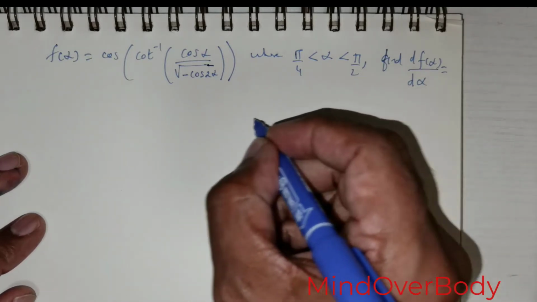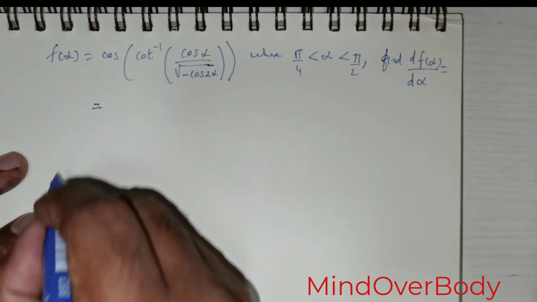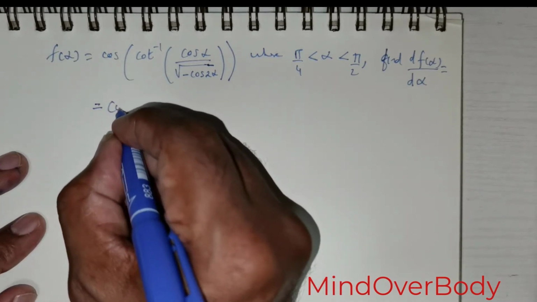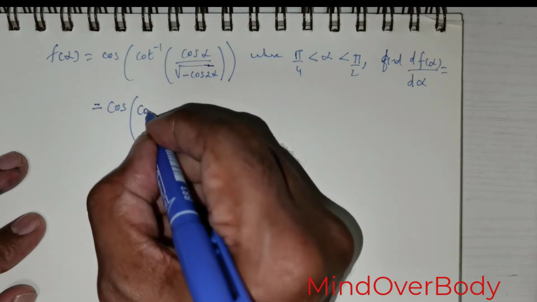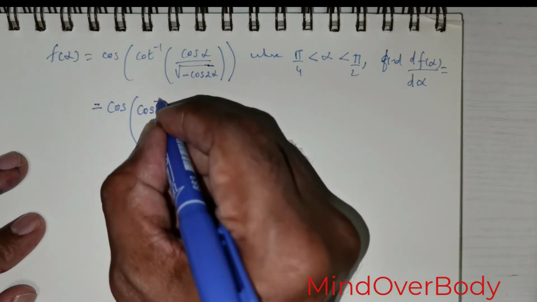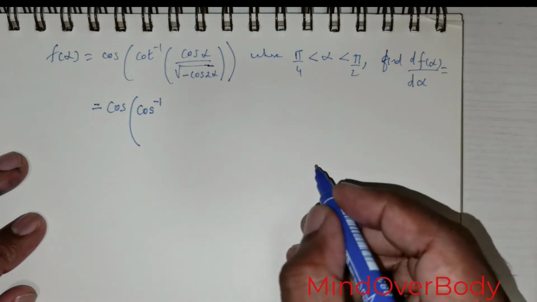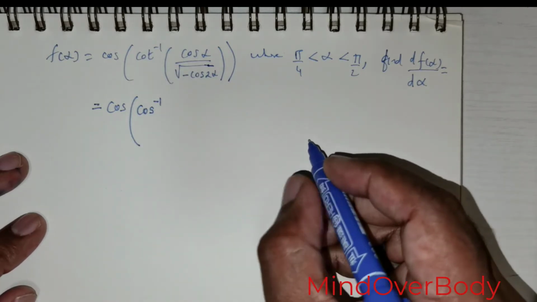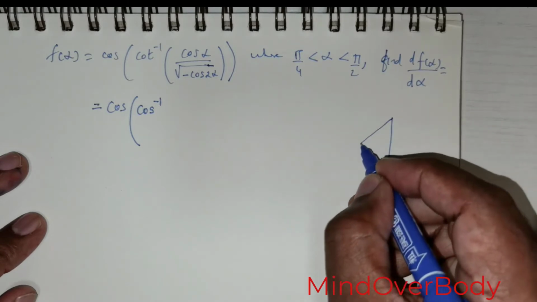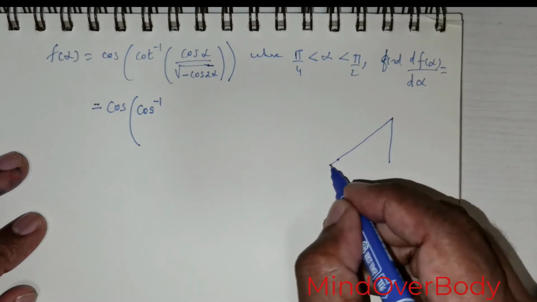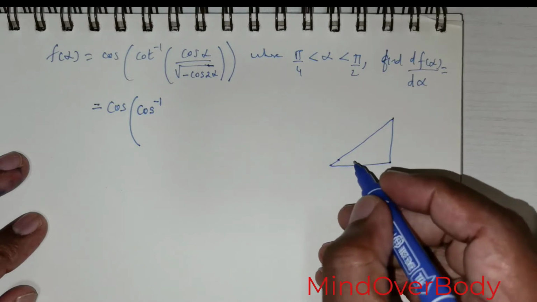What I'm going to do is foremost write cos here, and then place cos inverse here. So let me write the function in terms of cos. First let us have this triangle.